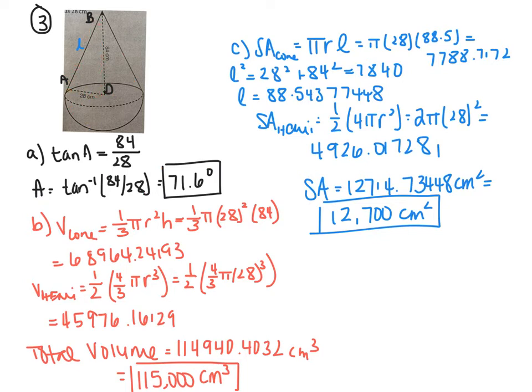So L is 88.5. And then I plugged that in and found the surface area of the cone. And then the surface area of the hemisphere, again, is half the surface area of a sphere. So the surface area of a sphere is 4 pi r squared. And then I divided that by 2, where r is 28. Added those two together, and to three significant figures, the surface area is 12,700 centimeters squared.